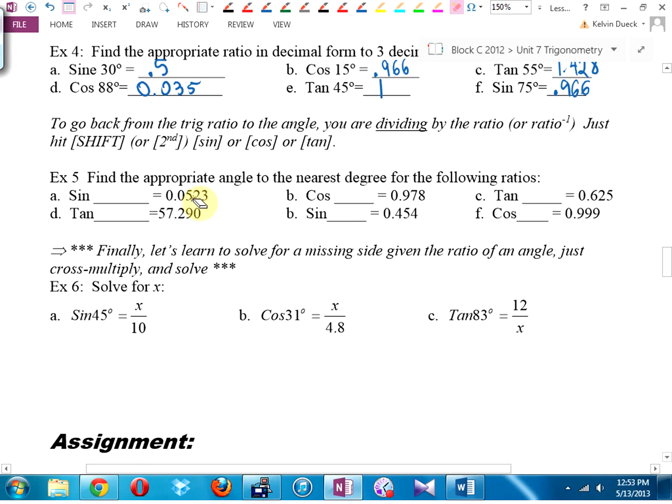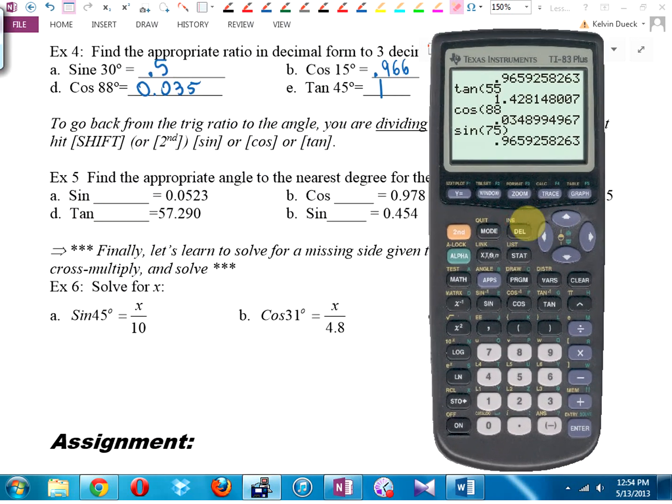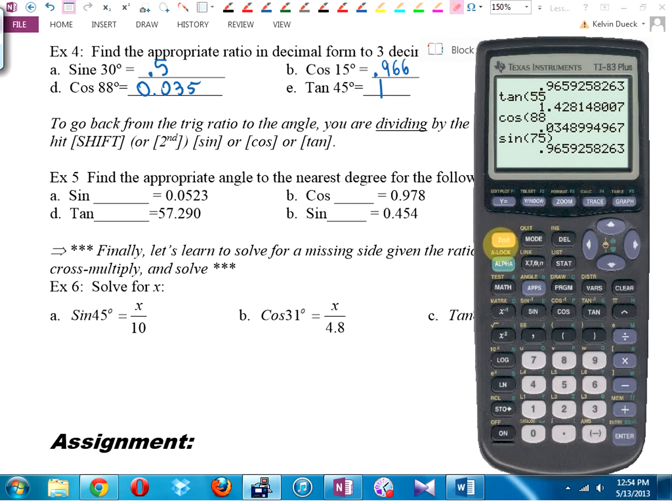Going backwards, to find the angle, you have to use the shift or second function or inverse button. If I tell you that the sine of the mystery angle, I don't know the angle, is 0.0523, you go like this on your calculator. All of you try this with me. Second function or shift, sine of 0.0523. You should get an angle of about 3 degrees.